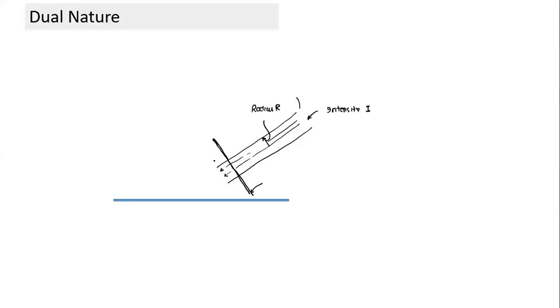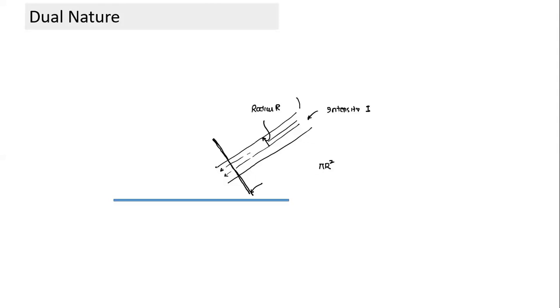If I place the plate here, only a certain part of the plate will light up. The rest will remain dark. What is the area of the plate which will light up? It's pi r square, sir. It will be pi r square. So basically in that case, photons will fall onto an area equal to pi r square.